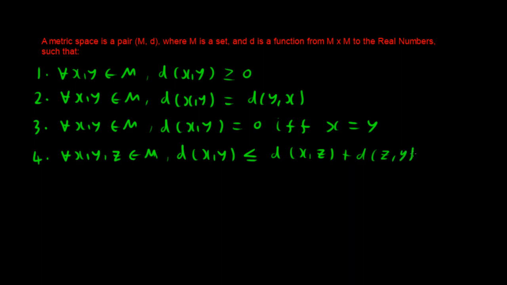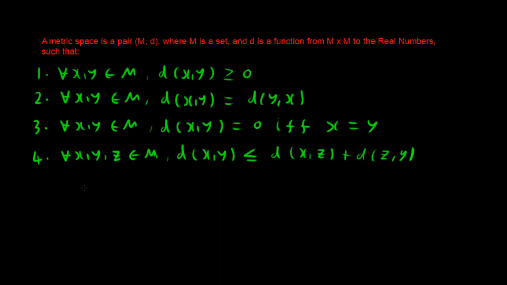So essentially this z is an intermediate point, and you want d(x, y) to be smaller than or equal to going via this intermediate point z. Now if all of these conditions hold, we call M a metric space, or the pair (M, d) a metric space, whichever you like.